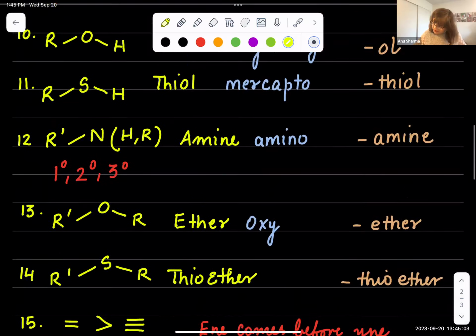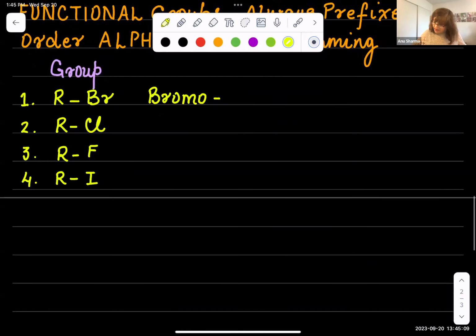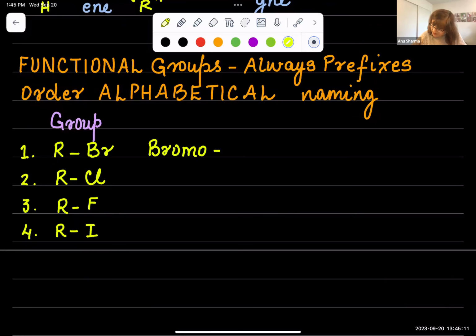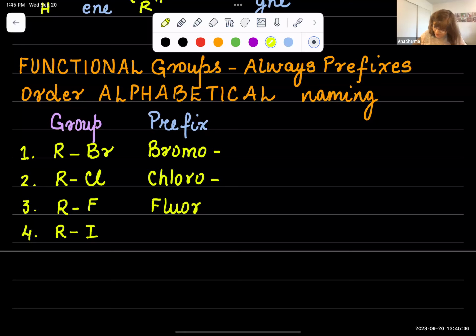The prefix and group names: bromo, then chloro, then fluoro, and then iodo. So that's one thing.